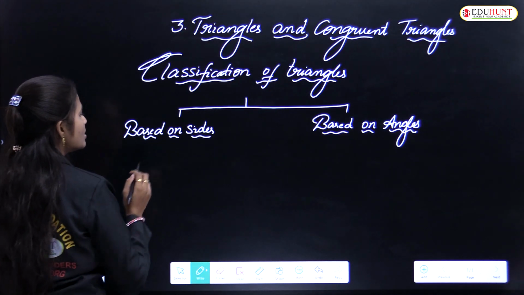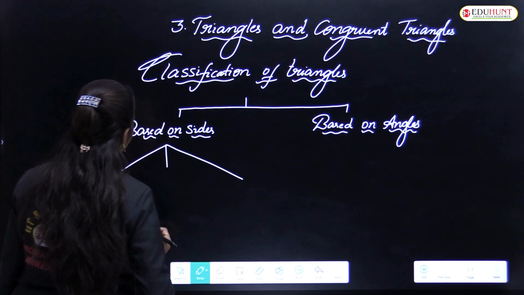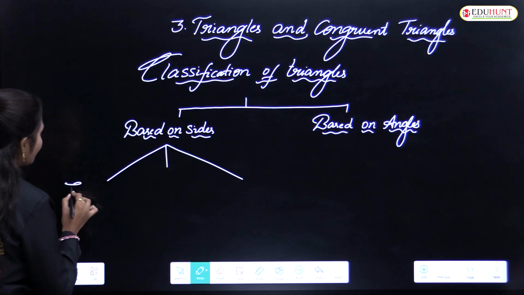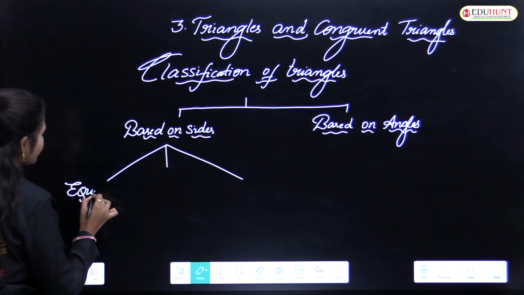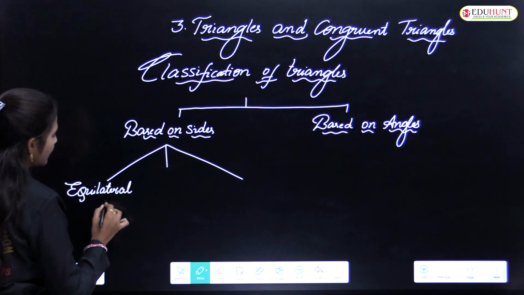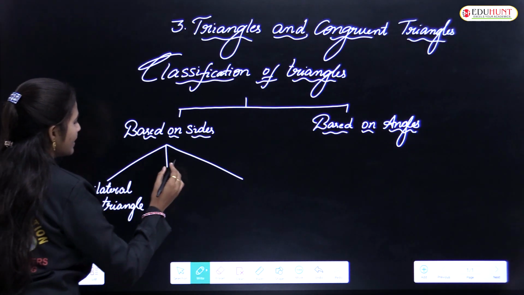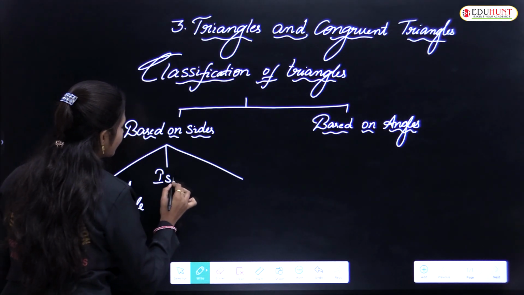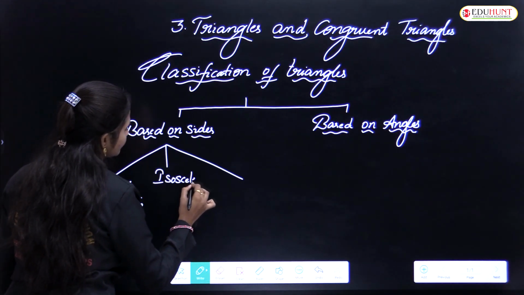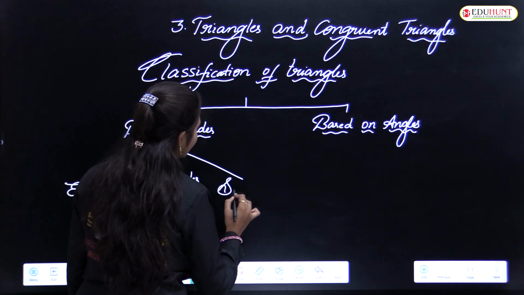Based on sides, how many types are there? Here we have three types. The first one is equilateral triangle. Next is isosceles triangle. And the next one is scalene triangle.